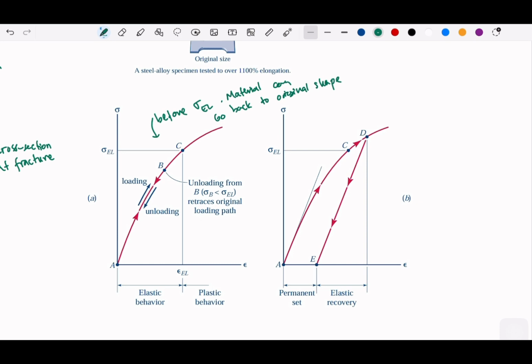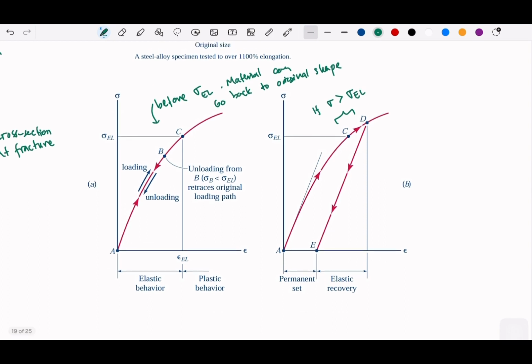But if you cross this, so if sigma is greater than the elastic limit, let's say from C to D, then it follows this offset line which defines the permanent set.